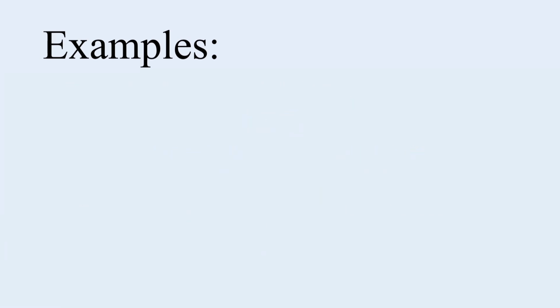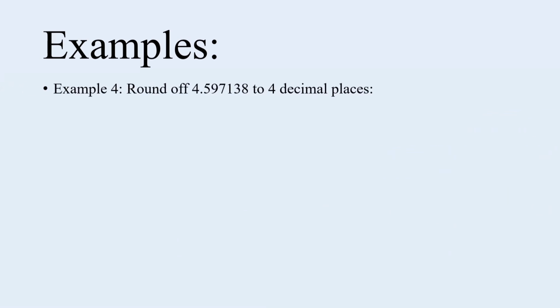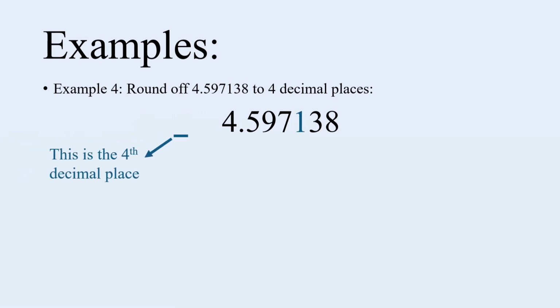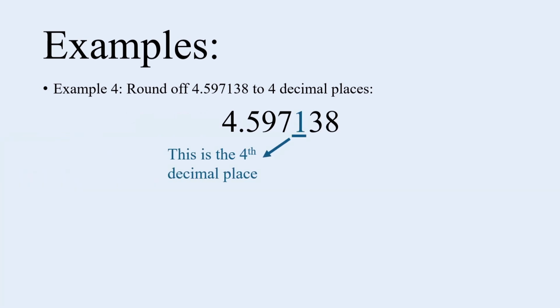For the fourth example, let's say we want to round off 4.597138 to 4 decimal places. Once again, let's really look at this number very carefully. The fourth decimal place is 1 as shown. This means that the digit right next to 1 is 3, which is the fifth decimal place, again as shown.